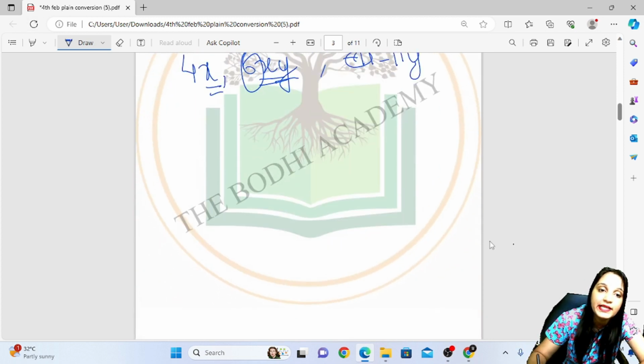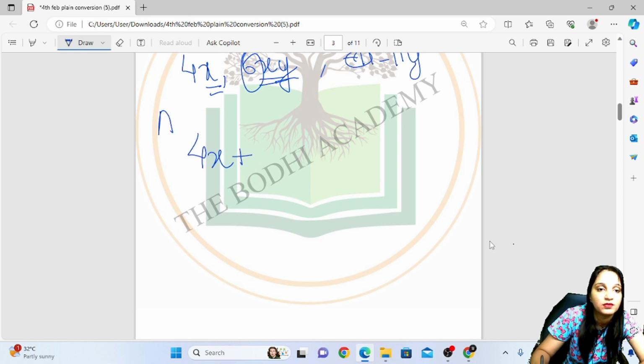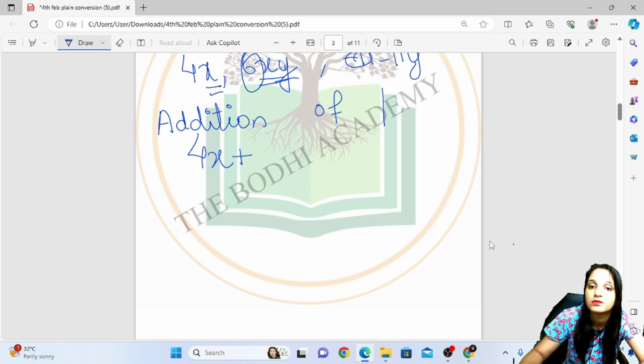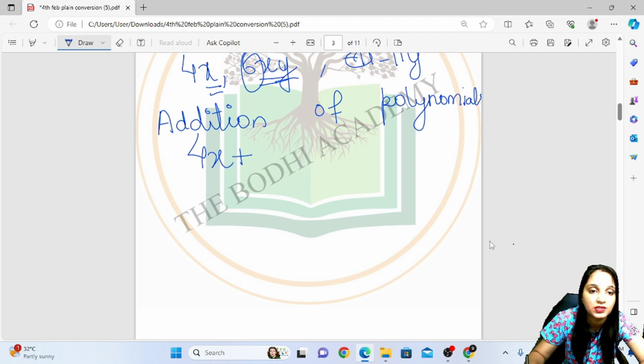Then only like terms you can add. Addition: 4x plus 6y plus 8x suppose, and minus 11y.